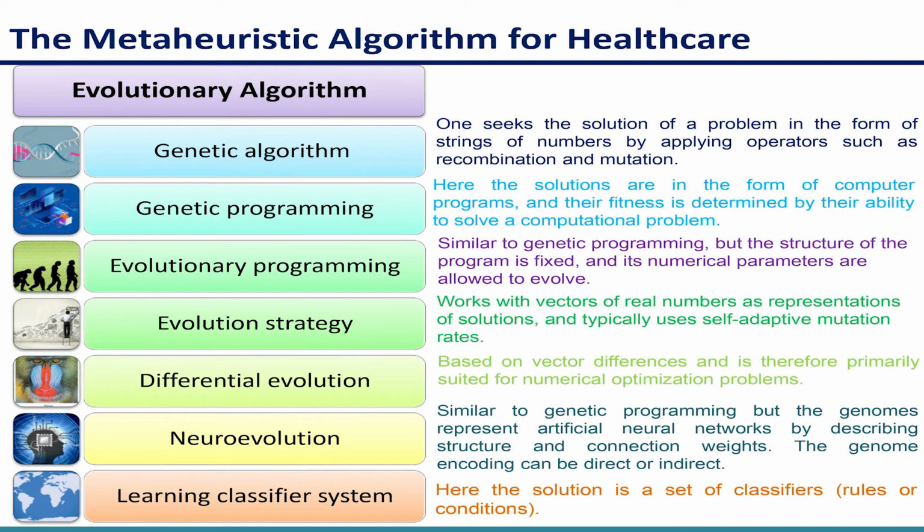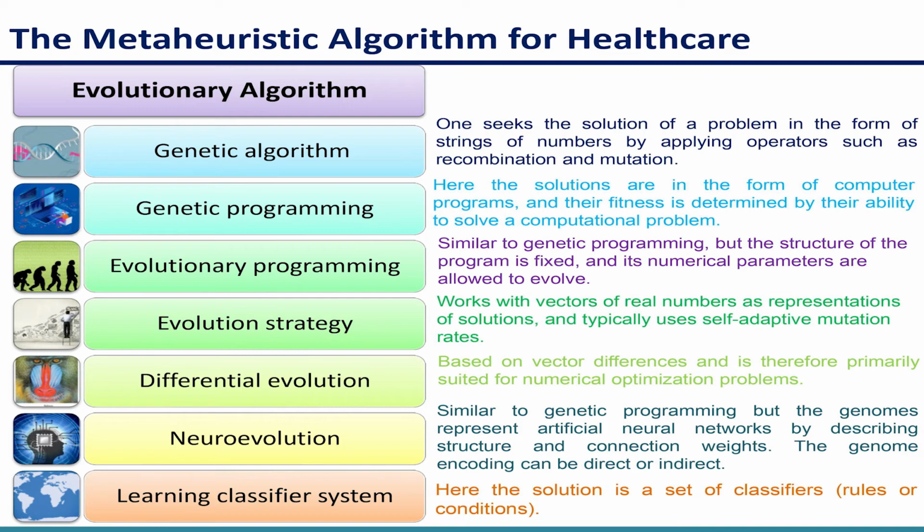When we make connections between the input and hidden layers, they have some connection weights. So the structure and connection weights, or genome encoding, can be direct or indirect.